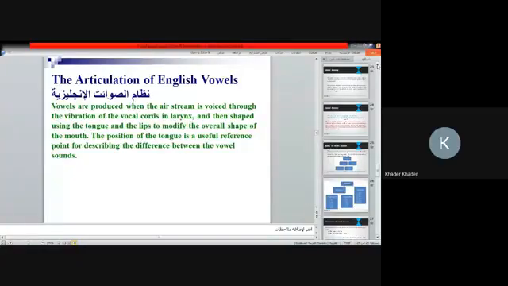Simply because vowels are neither contact sounds nor close approximation ones.